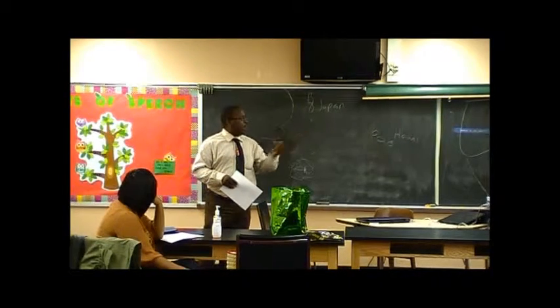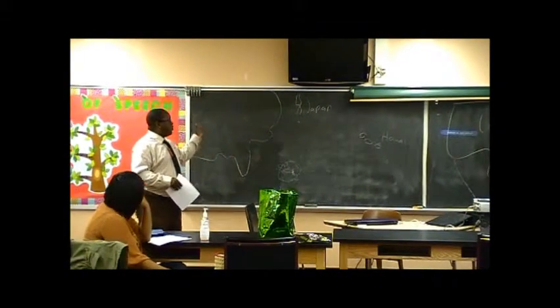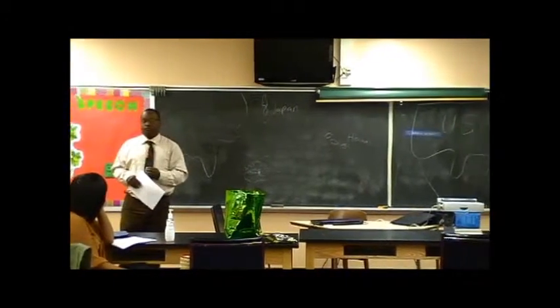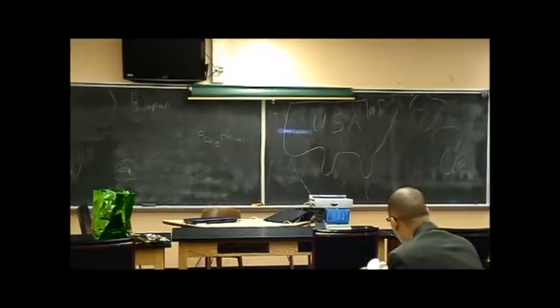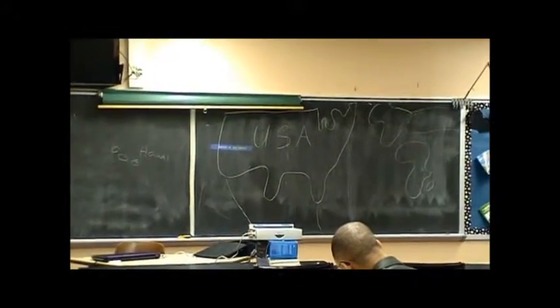Now, if you saw me draw, I'm sorry about Africa, but you saw me draw from Asia down to Africa. You also saw me draw a circle in this one little area right here.